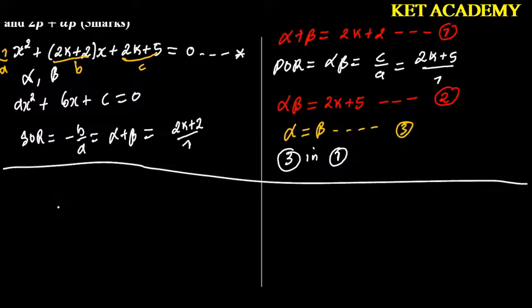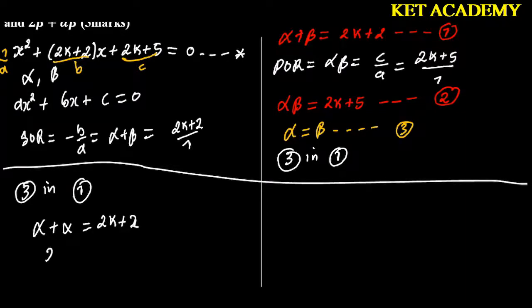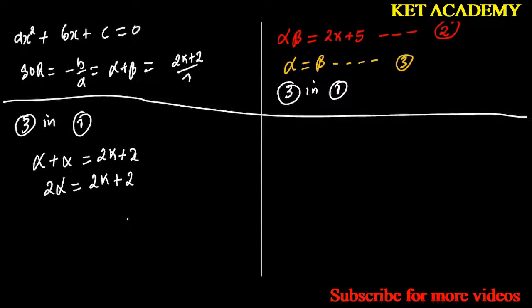Now, if I substitute equation 3 in equation 1, it means I'm going to have alpha plus alpha, since alpha is equal to beta, to be 2k plus 2. Now this is 2 alpha equal to 2k plus 2, which means that if we simplify further, our alpha is equal to k plus 1.